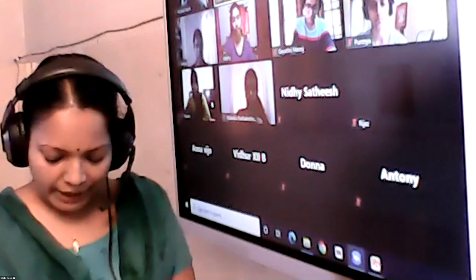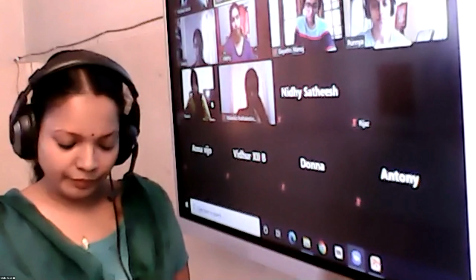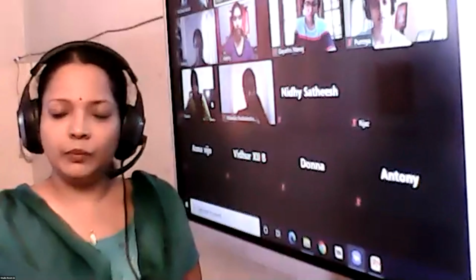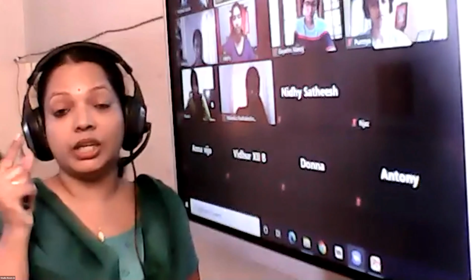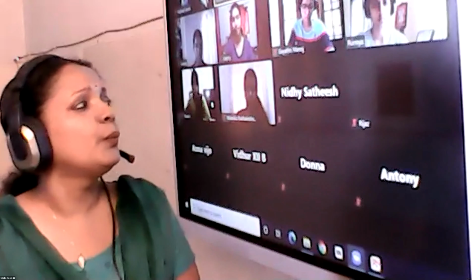So tell me what makes up these 3 cells? Punya, what makes up these 3 cells? The large vegetative cell and 2 male gametes from the generative cell. The vegetative cell will be there and the generative cell will divide and form 2 male gametes.